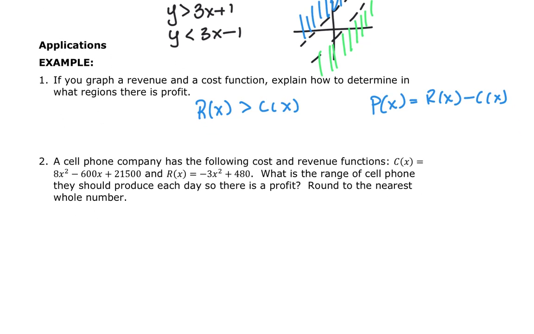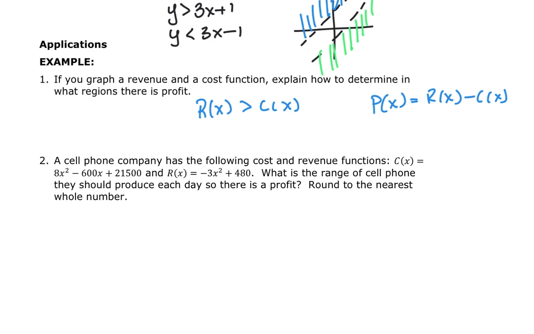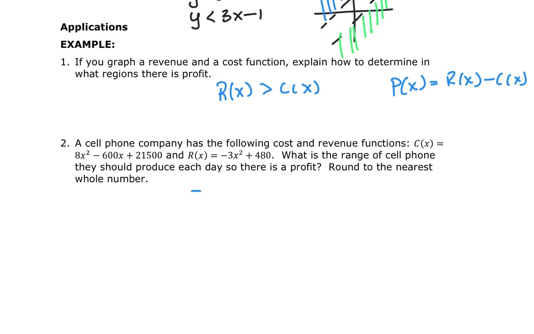Now, if this ends up being a negative number, then obviously you're not making enough revenue. So let's set this one up. Negative 3x squared plus 480 has to be greater than or equal to, which is a break even. But if we want to make money, then it is strictly greater than.